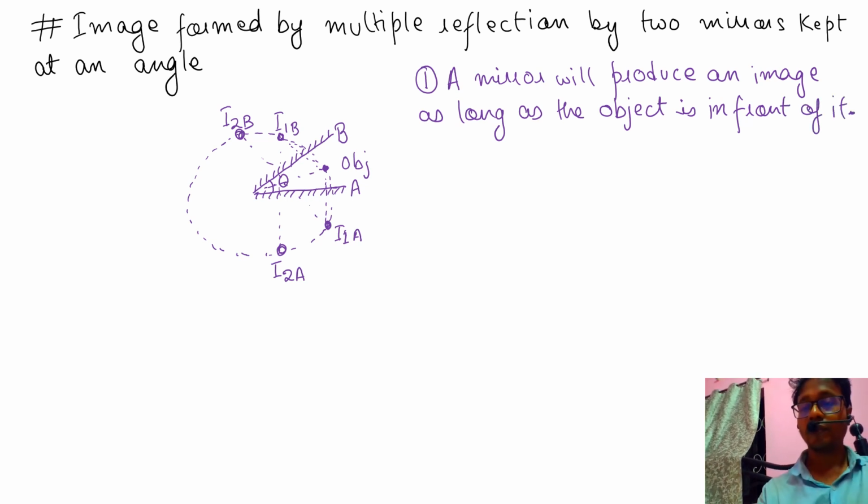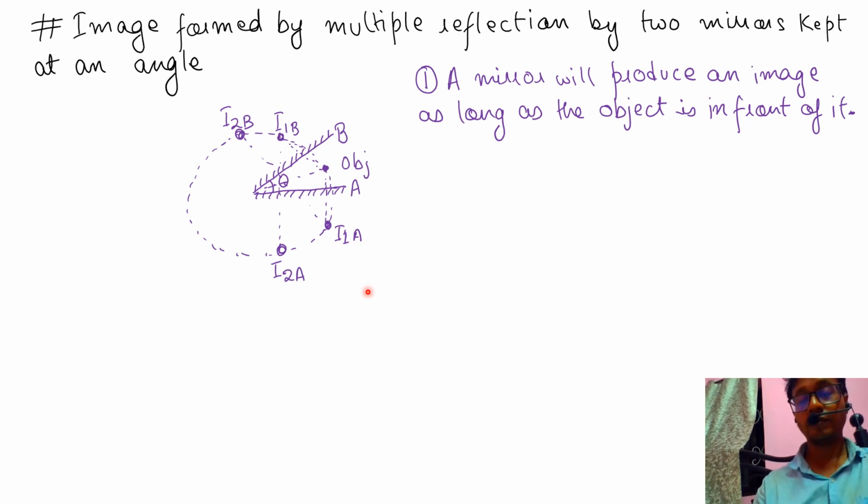That means the object should be in front of it. It doesn't matter whether the object is real or virtual. See, this image formed by mirror A acts as a virtual object for mirror B. So it doesn't care whether the object is real or virtual. It will produce an image as long as the object is in front of it.